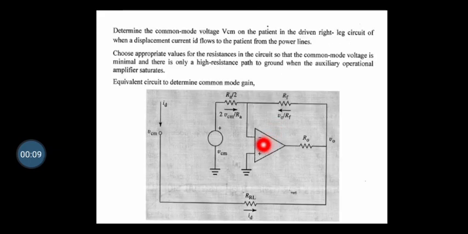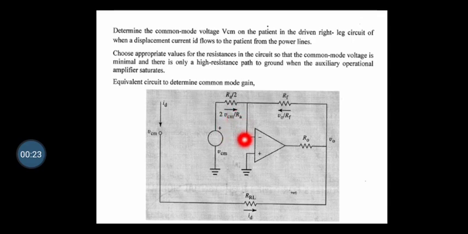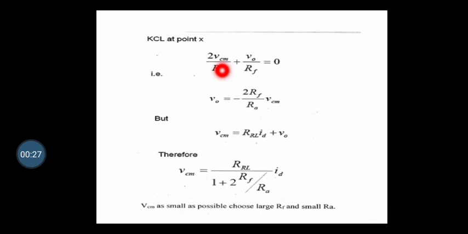Here in the auxiliary amplifier, the first input is 2VCM by RA, and the feedback is V0 by RF. Applying KCL at point X, we can write 2VCM by RA incoming, and V0 by RF incoming. So 2VCM by RA plus V0 by RF equals 0, from which we find V0 equals minus 2VCM by RA into RF.